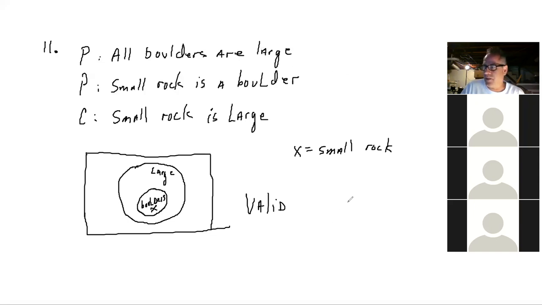Now, this is where I understand the construction of the problem, but it can be a little confusing. So this was part A. It is valid. Would you say that it is sound? So remember, to be sound, it's got to be valid, so that your conclusion necessarily follows from your premises.